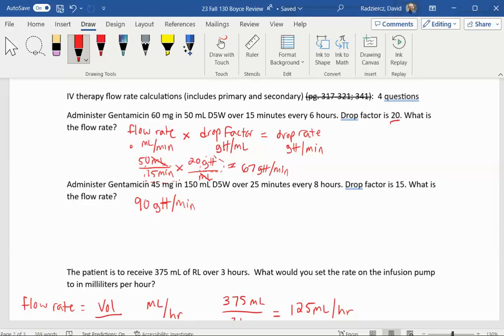concerned for this question. You may have noticed that I did not do anything with the 60 milligrams or the 45 milligrams. The reason is that it doesn't have any variation when we're talking about a flow rate type of question.